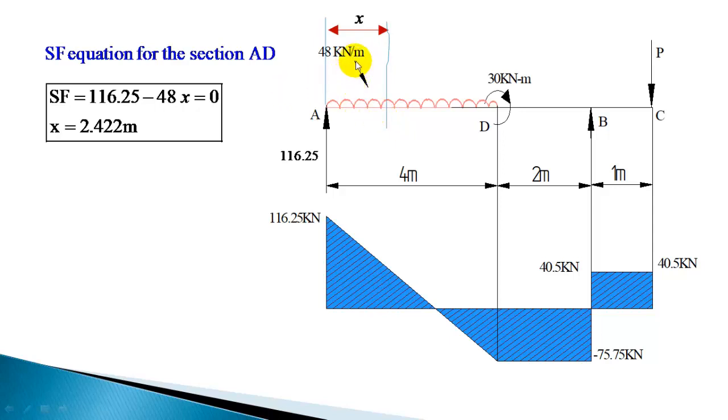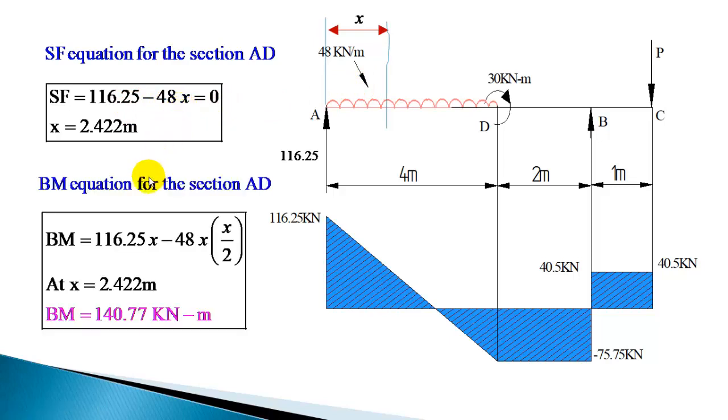The force is already known, 48x, into the distance, which is going to be x by 2. You need to multiply with the corresponding distance where that force acts from the section. So 116.25 into x, minus 48x, which is producing negative shear force and negative bending moment. So minus 48x will remain the same, and you only multiply with the distance x by 2.